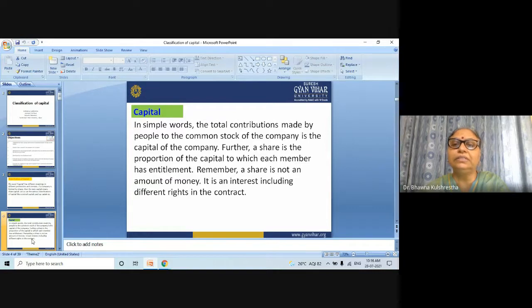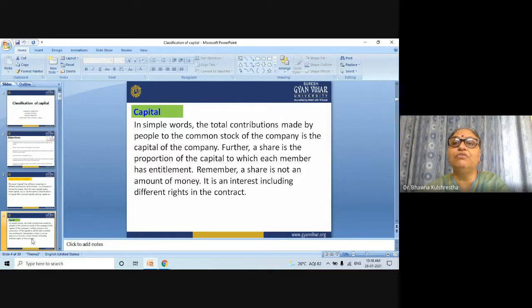There are five ways in which the term capital is used in company law: nominal capital, issued capital, subscribed capital, called up capital, and paid up capital.